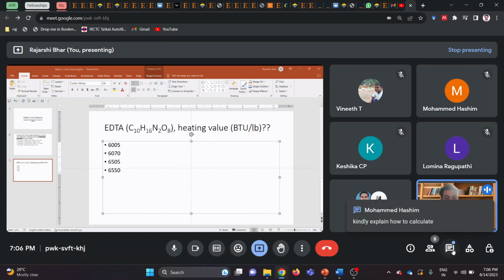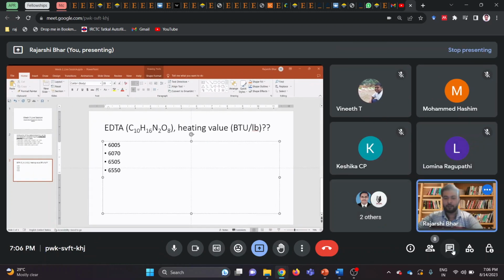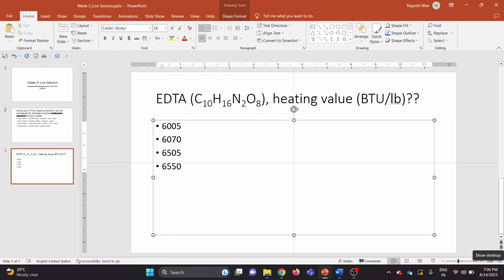The hint for this is that while in the classes, you must have heard about Dulong's formula, which is basically an empirical formula that uses the carbon, hydrogen, oxygen, sulfur, and nitrogen content in terms of percentages. Since it is a bit difficult to memorize the formula, I will also write it here.